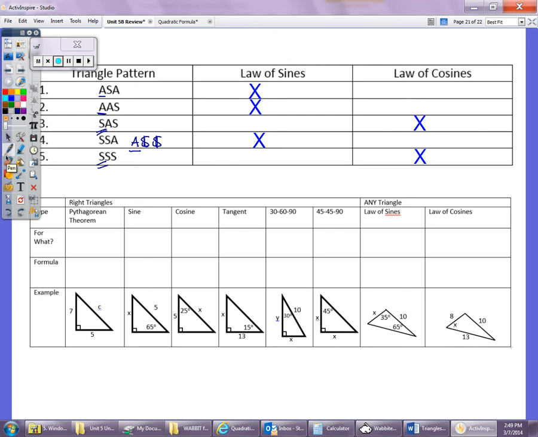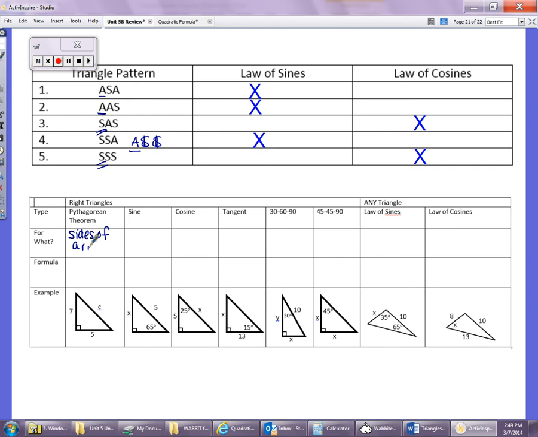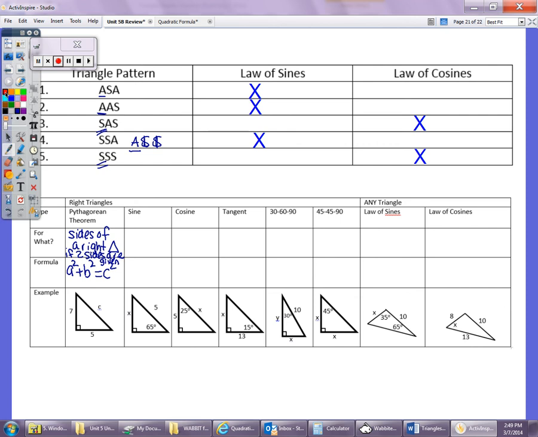So Pythagorean theorem is used for what? It's used to find the sides of a right triangle. The formula for Pythagorean theorem is a squared plus b squared equals c squared. You only use it to find the sides. And you use it to find the sides of a right triangle if two sides are given. Alright, and sine, that would be your sine for SOHCAHTOA.